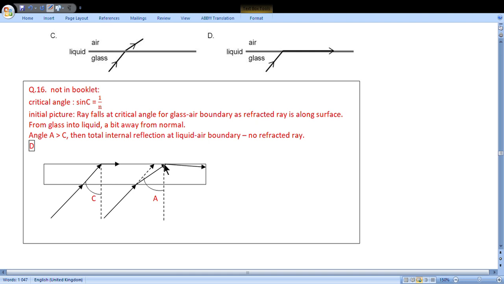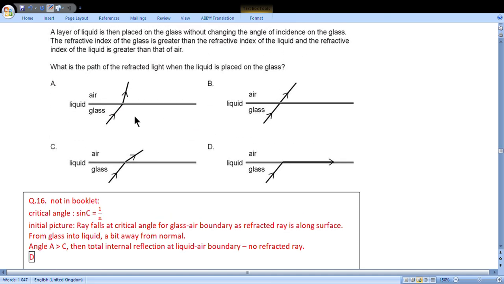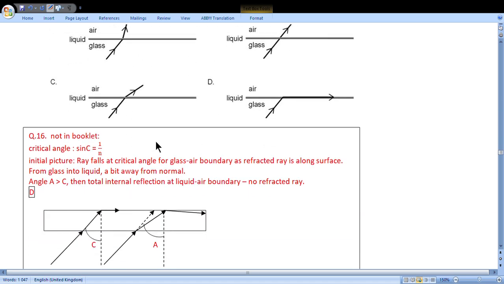So here we will have total internal reflection, so light will not be refracted. So no refracted ray we have only in D. In the other cases, light goes through.